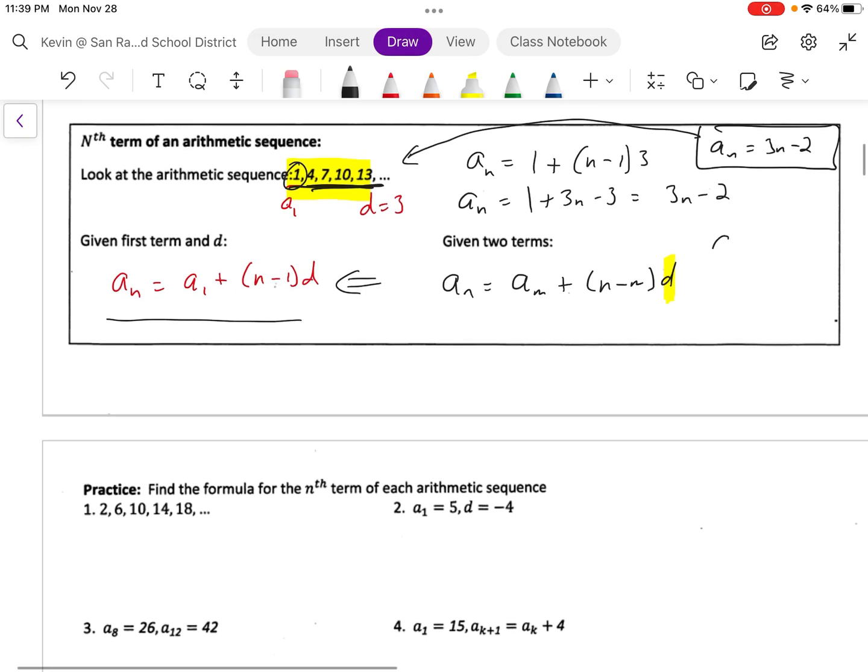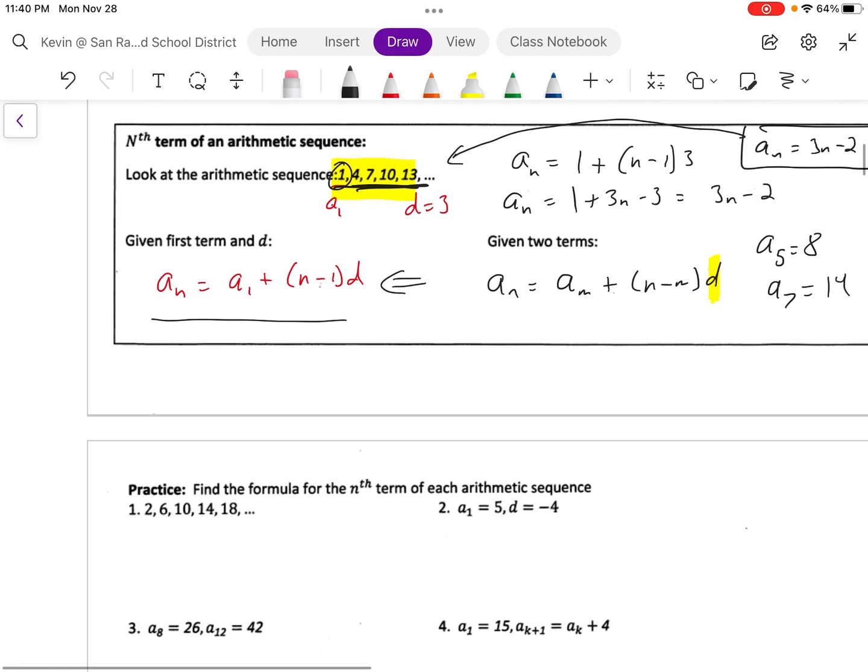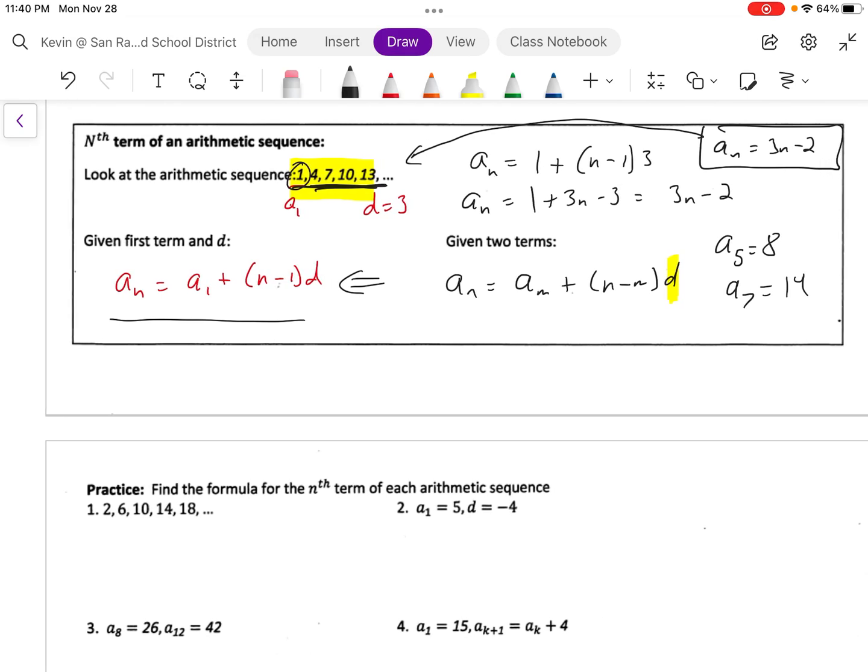Let's go a sub 5 equals, I don't know, let's just say 8, and then a sub 7 equals 14. Okay, so we have two terms.